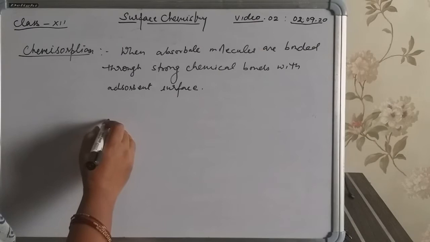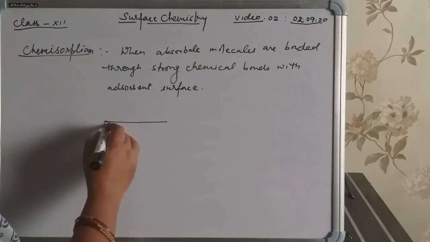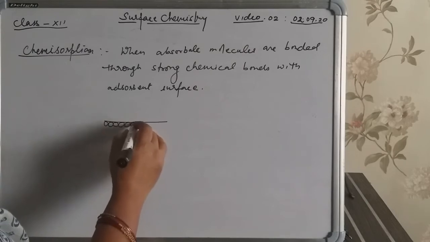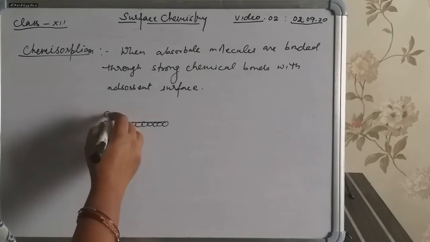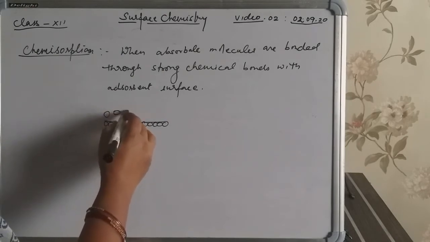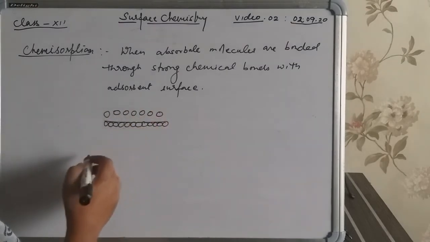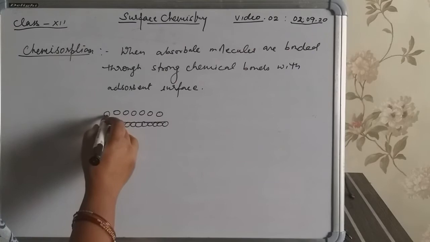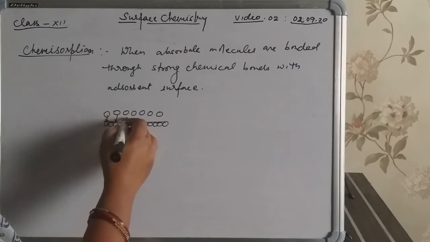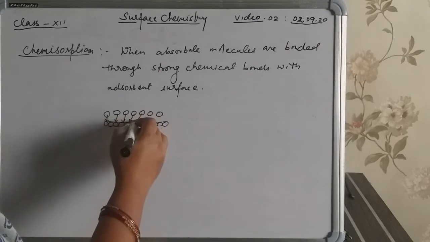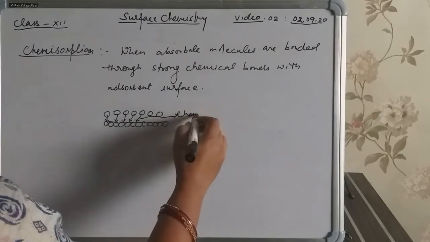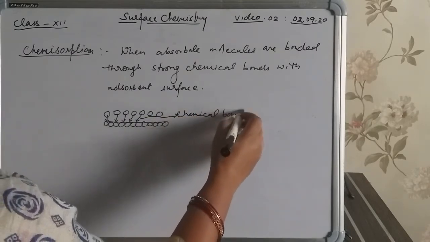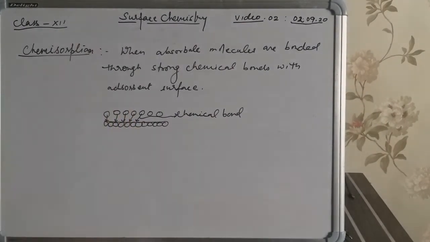For example, suppose this is the surface and here the adsorbate molecules, and this is the adsorbent, and in between there is a strong force of attraction between them. So it is the chemical bond formed between the adsorbate and adsorbent molecules.